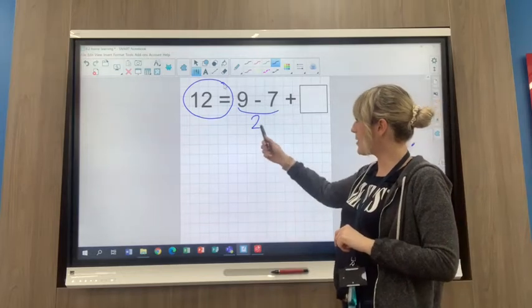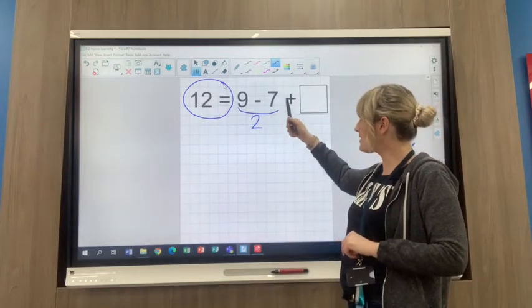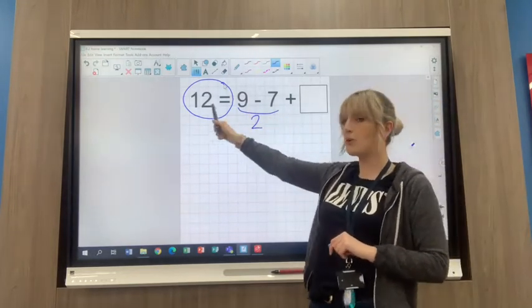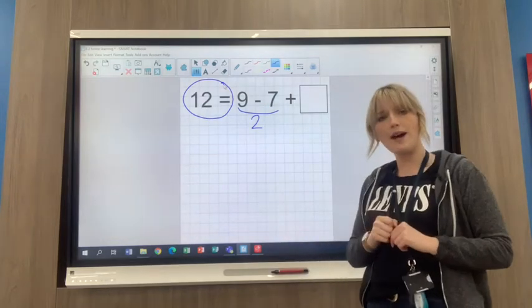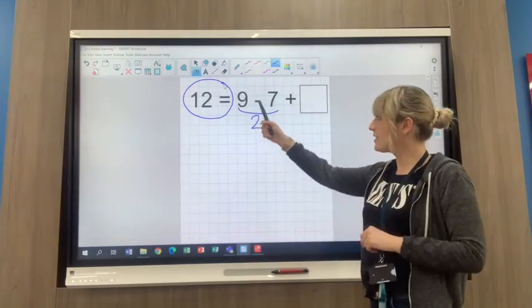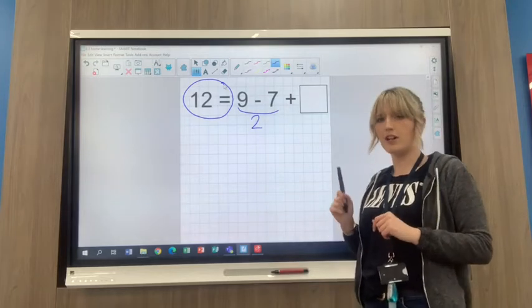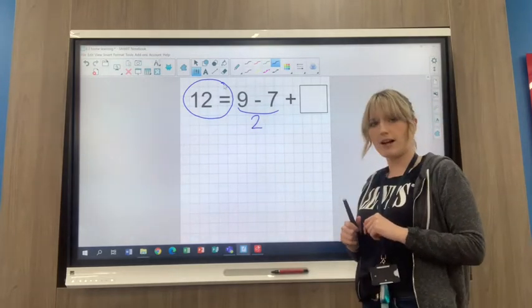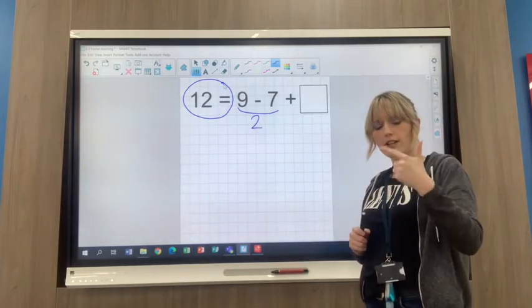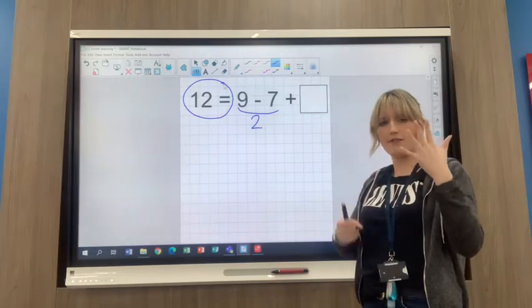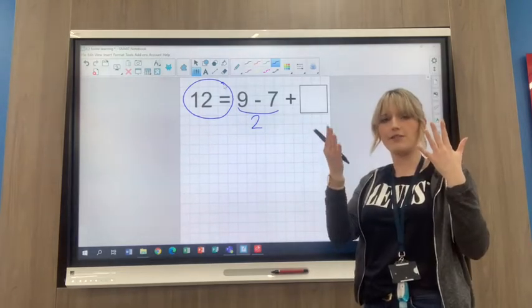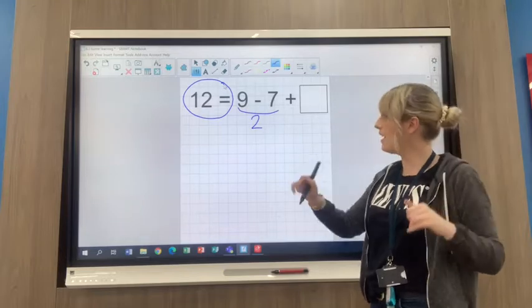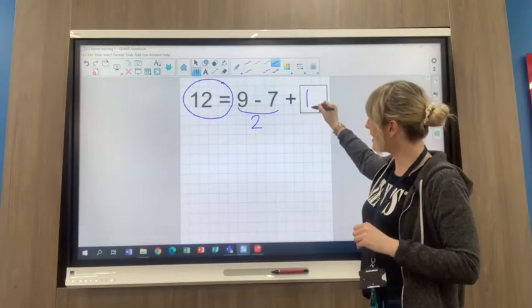Now I need to work out 2 add something equals 12. What do I need to add to 2 to get to 12? I've already got 2. Let's think about it. 2, 3, 4, 5, 6, 7, 8, 9, 10, 11, 12. So the answer would be 10.